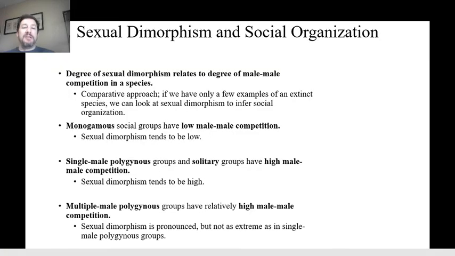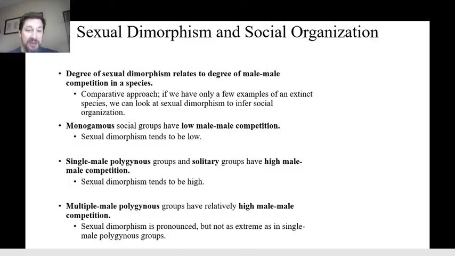So how does that relate to body size? Well, it has to do with the amount of competition going on between males. So if there's no competition between males, there's not much need for sexual selection. If there's a lot of competition between males, that will drive sexual selection, and so we should see more sexual dimorphism.